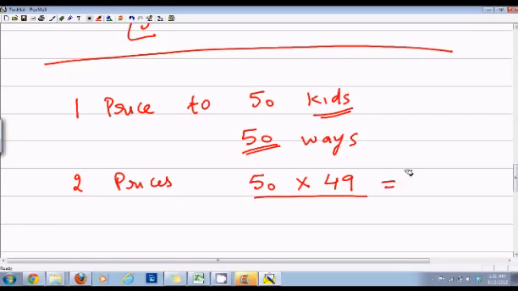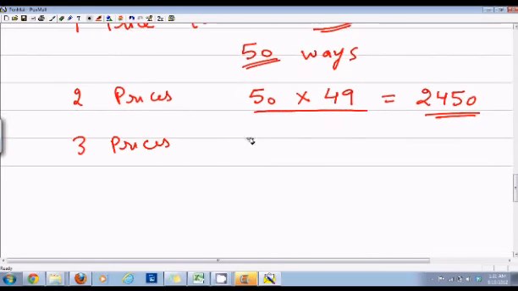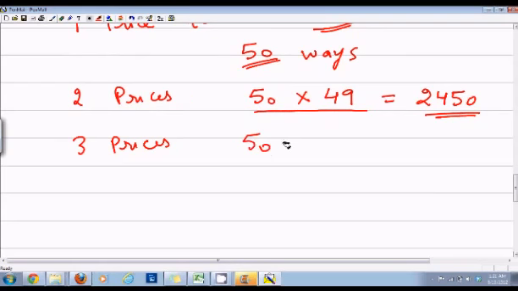That will be the number of ways. So this is again a different approach. If you have 3 prizes, then that will be equal to 50 into 49 into 48.